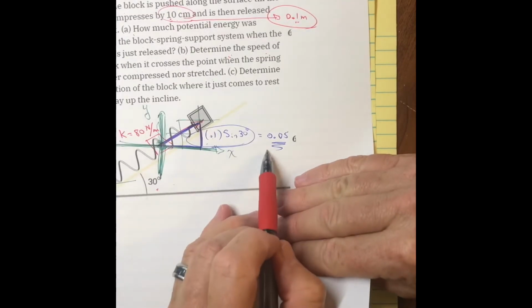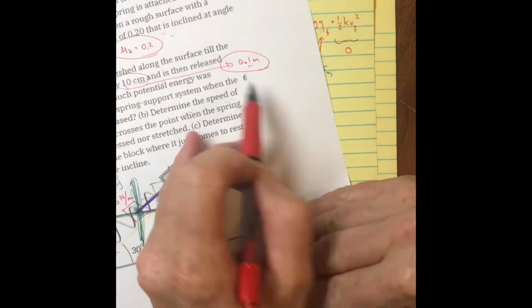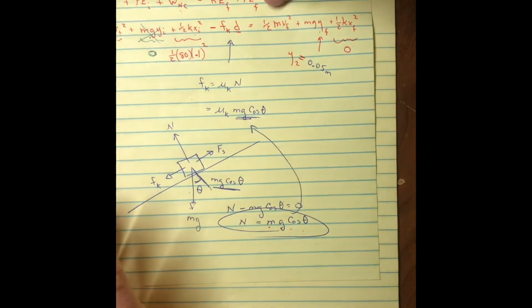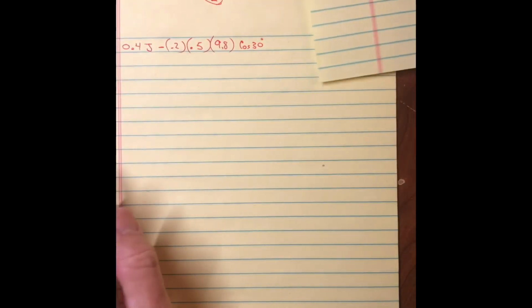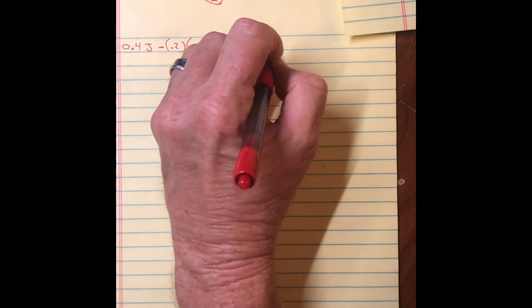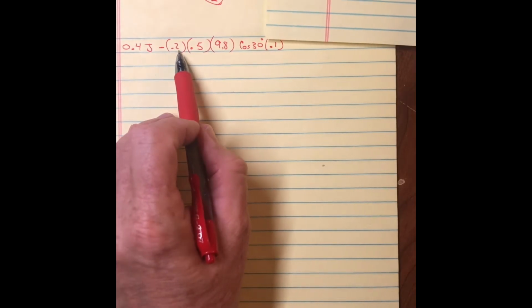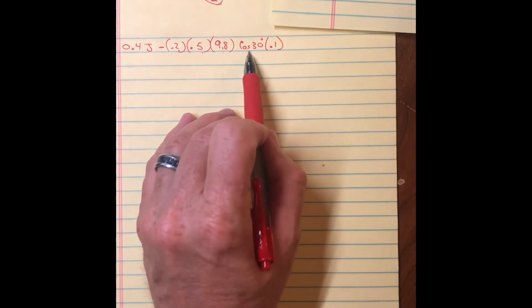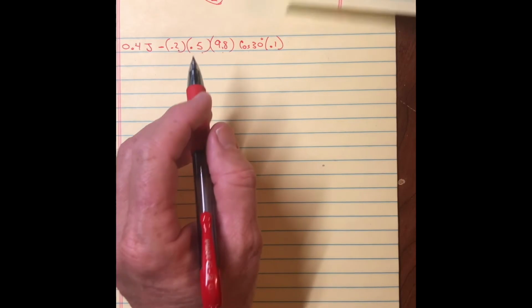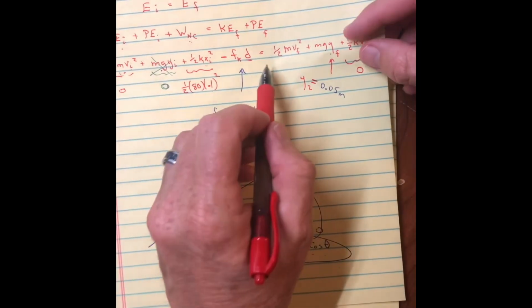Notice it's not the vertical distance, it's actually the distance traveled, so it's along the incline. So this distance would be the 0.1. Let me just make sure I got everything. Coefficient, mg, cosine 30, distance traveled. Okay, good. So that's that term.